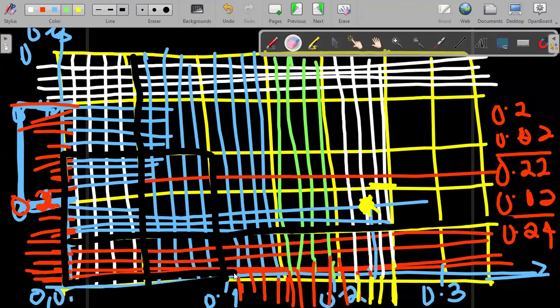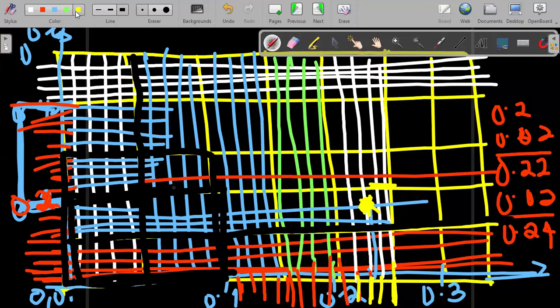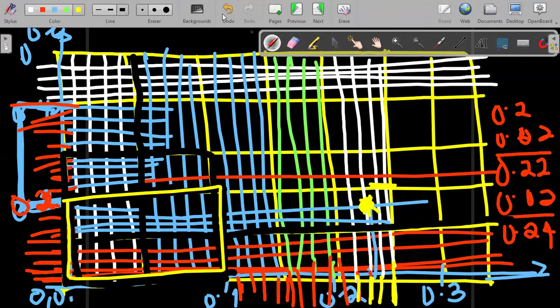But this line and this line will not be there. So you just have straight boxes without the middle one. Do you understand? Yes, sir. That line will not be there.